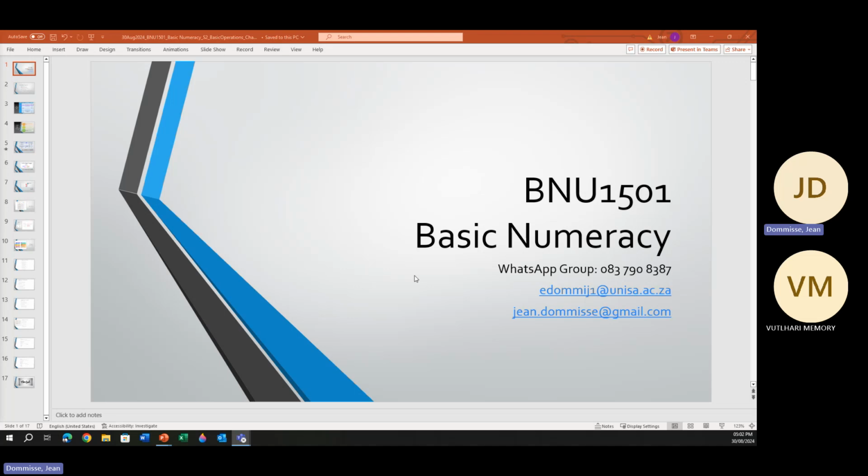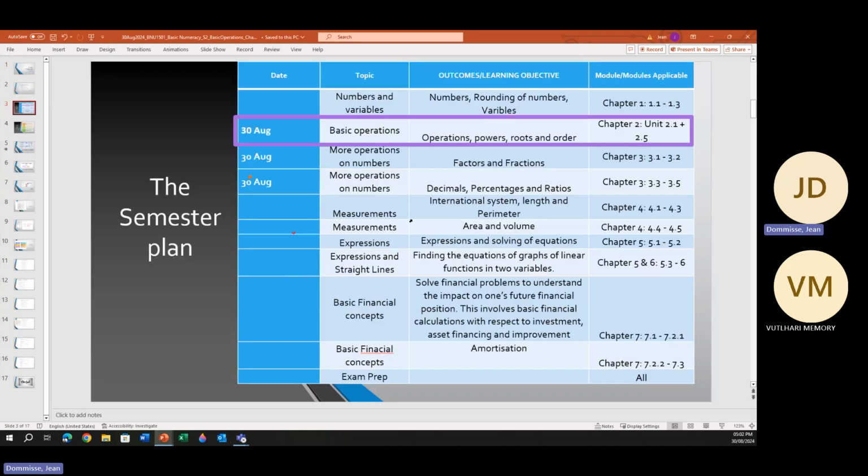Tonight I'm going to try to do 2 sessions, or 2 chapters, so that we can catch up a bit. Firstly, I'm going to start looking at basic operations.